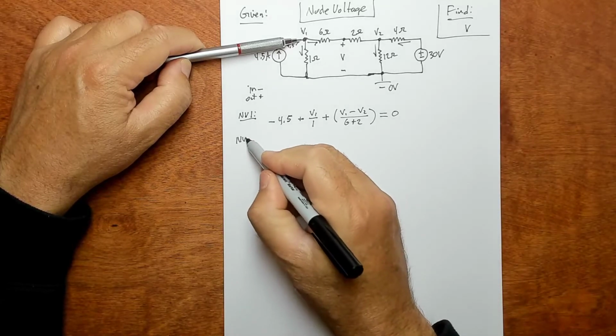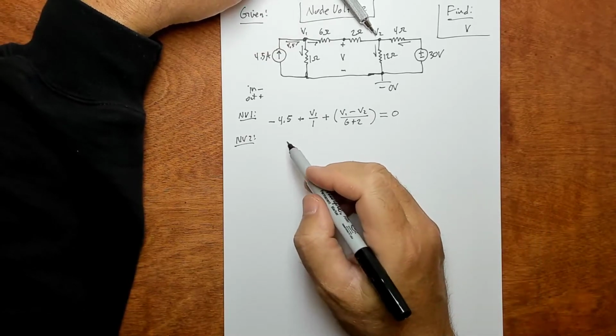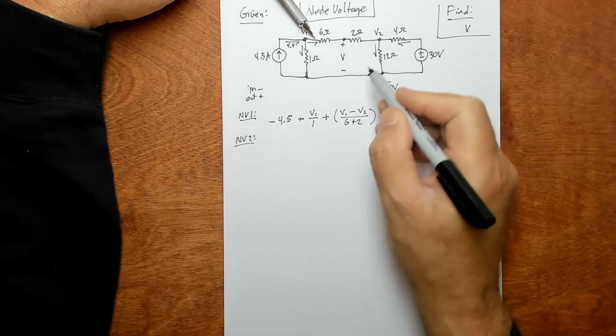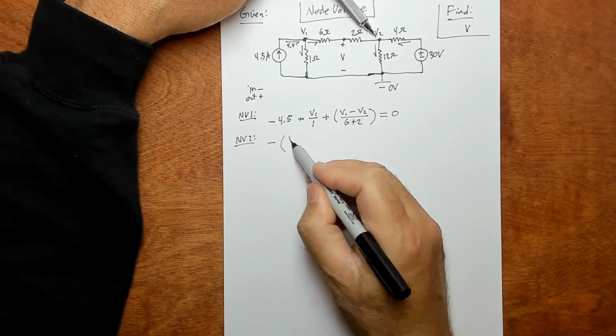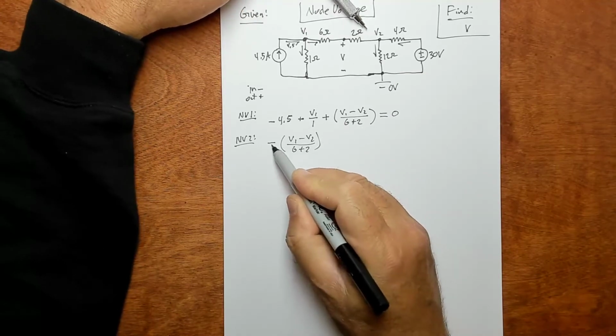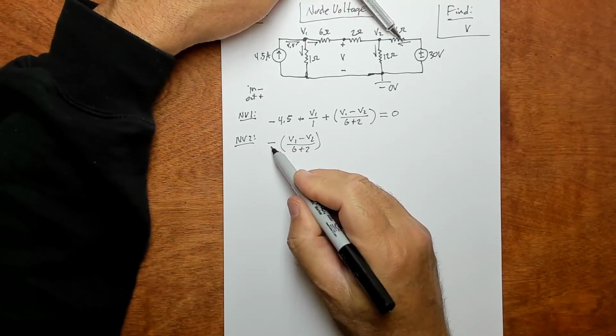And then we can write node voltage 2. We can do this again. So this one coming into this node is the same current, so it's the same term. It's V1 minus V2 over 6 plus 2, but with a negative sign because it's coming into this node. And then also coming into this node is this guy here.